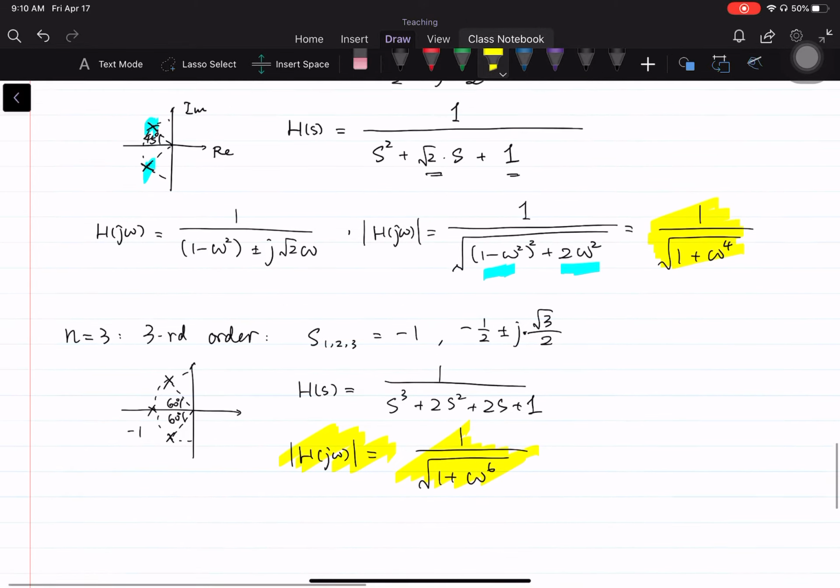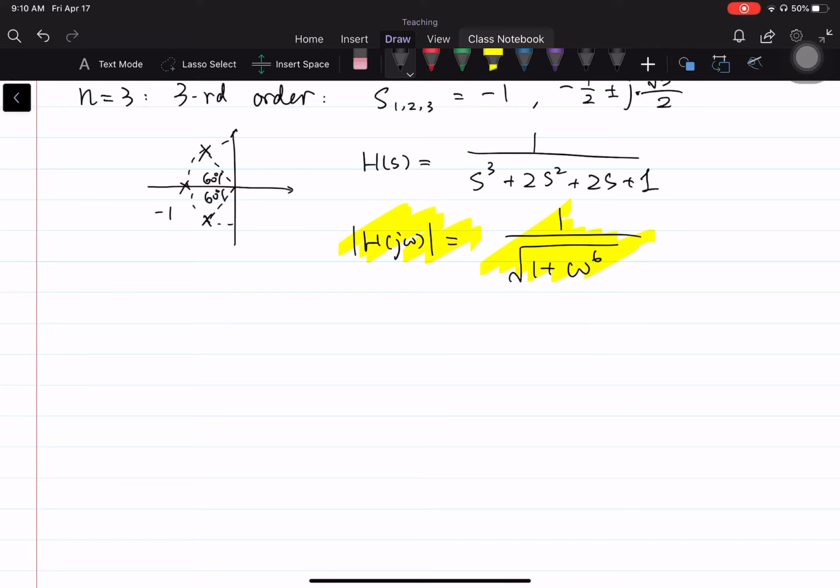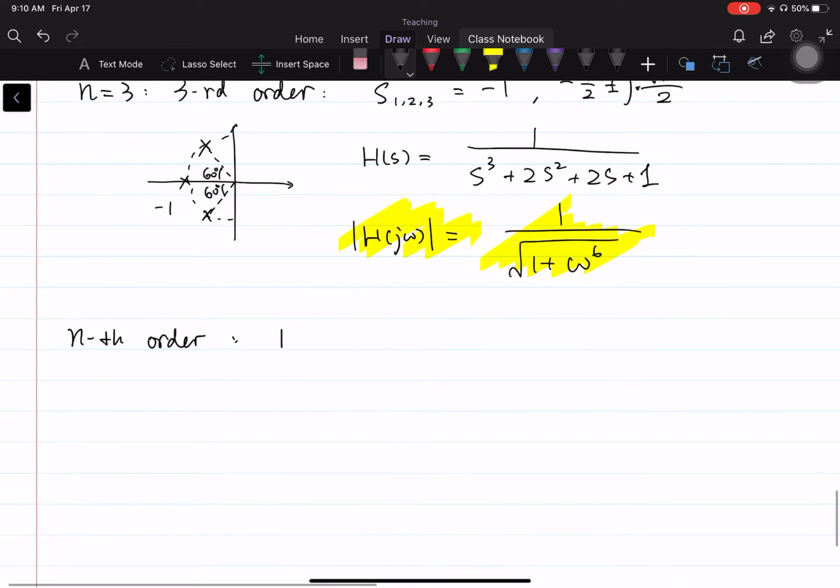And in fact, this can be extended to a general nth order polynomial, or the nth order Butterworth filter. Of course, again, we're in the normalized version of it. Its frequency response function can always be written in this way: 1 over square root of 1 plus omega raised to the 2n.